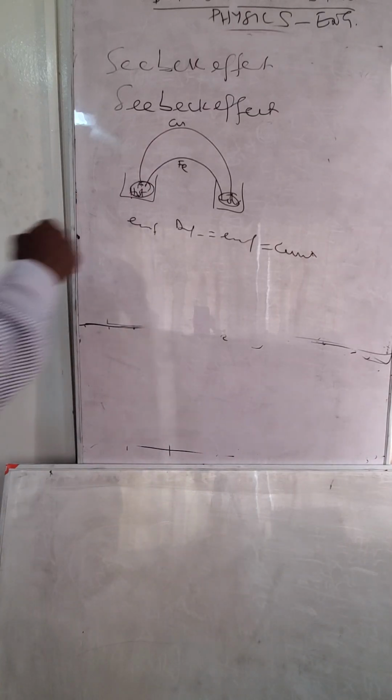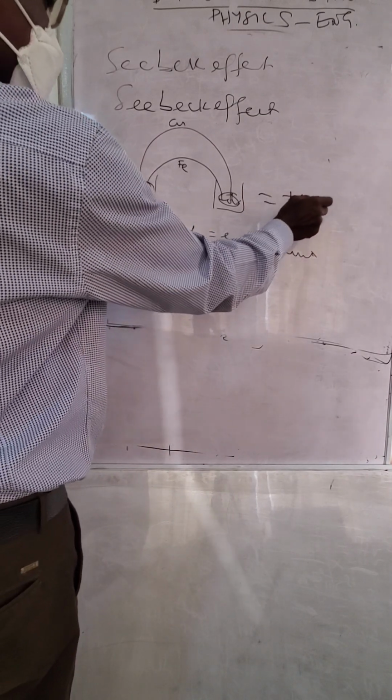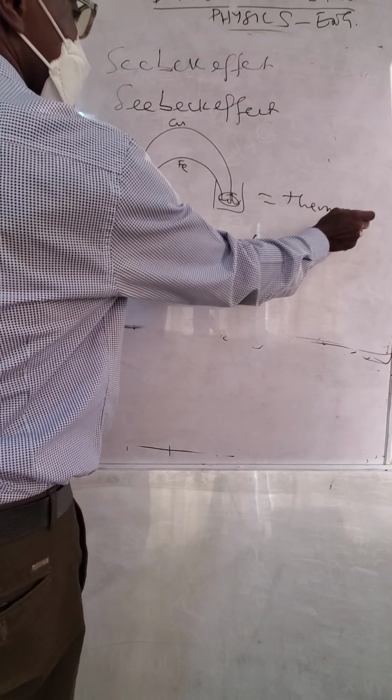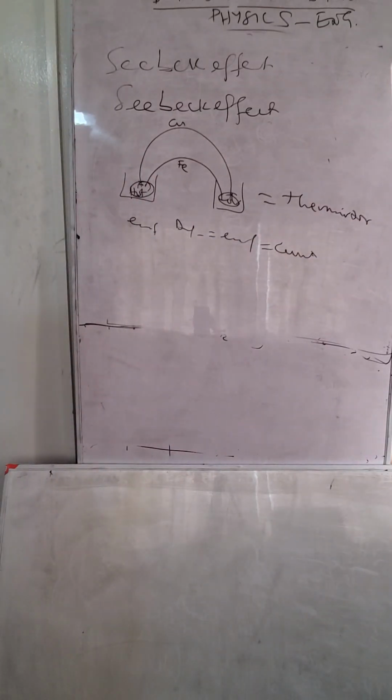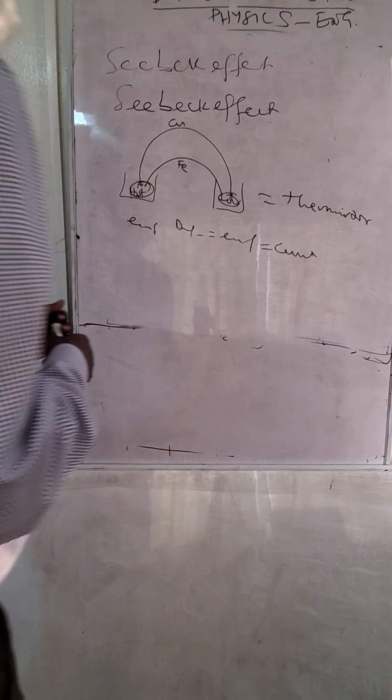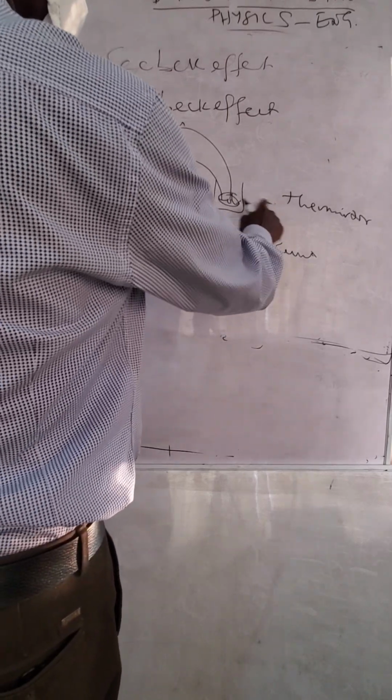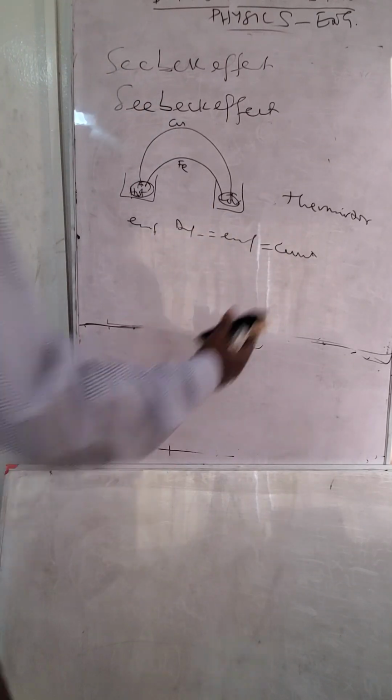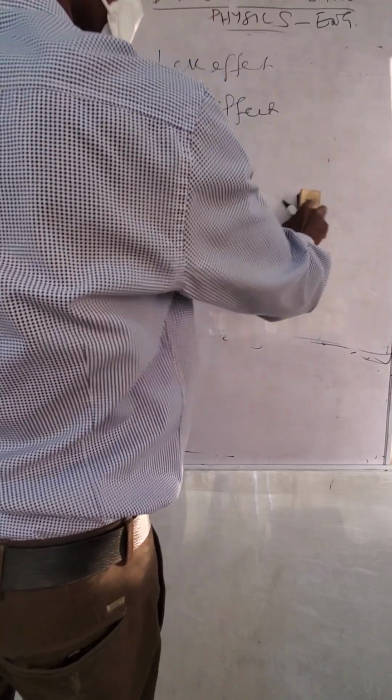So this is what is used in the thermistor. The difference in temperature would also affect the conduction of electricity, or will lead to generation of electricity, and so on. Of course, the thermistor will be a resistance that depends on the temperature.